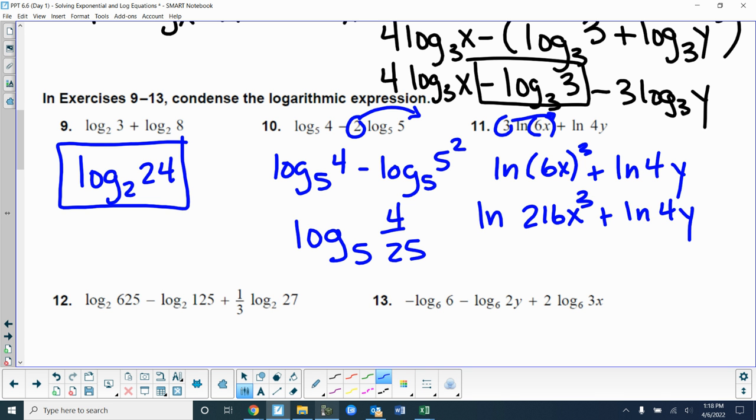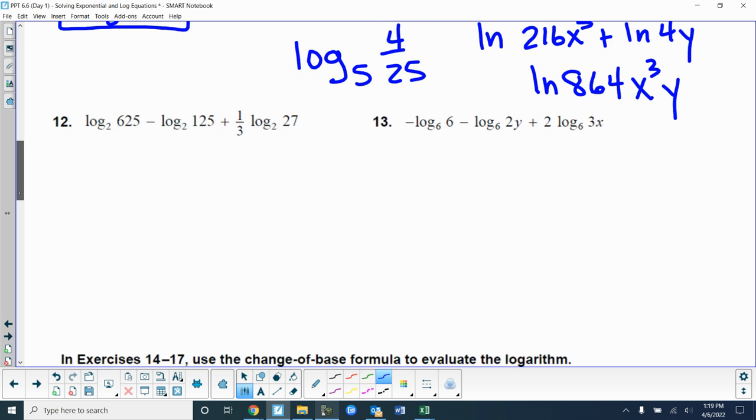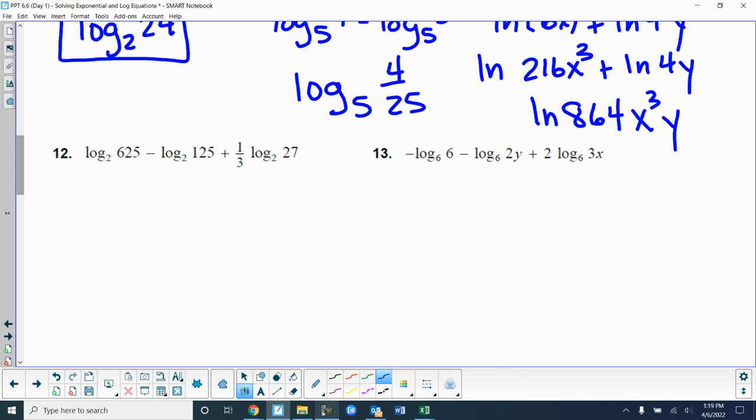Multiply those. So I get this big number, 864, and then it's just x cubed y. Okay? So we get a little bit of a big number there. All right. These next 2 are kind of tricky, but we can get it done.